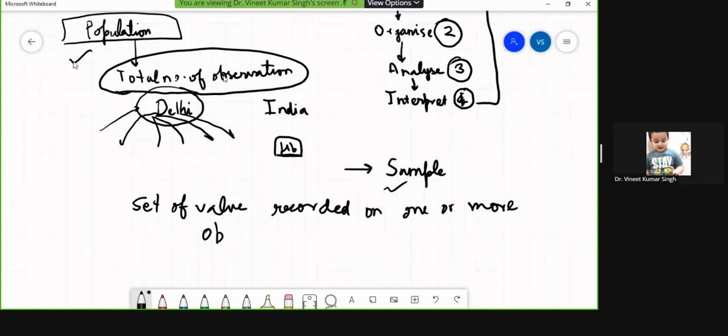Second part is to organize a data set. Now a very simple way to organize a data set is to arrange the data in ascending or descending order. Okay, सबसे easiest way is to organize the data set into ascending or descending order, or say in a cumulative frequency manner.